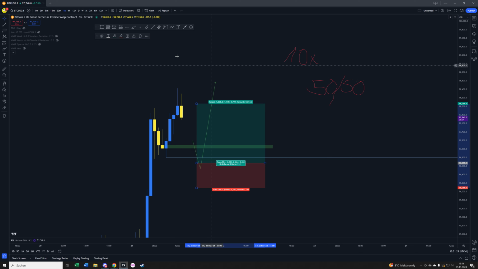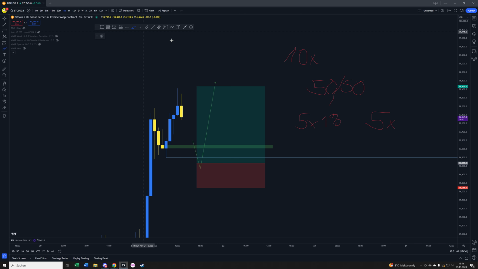So in 50% of cases, we lose 1%. So 5 times 1%. The other 5 times, we get, at the minimum, 3R, 3%. So you're looking at a potential minus 5R, minus 5%, versus a potential 15%.